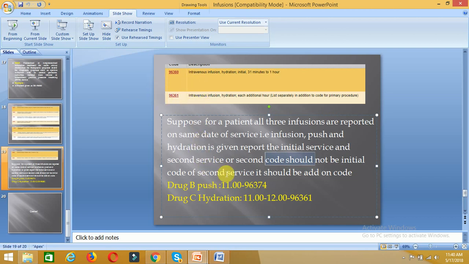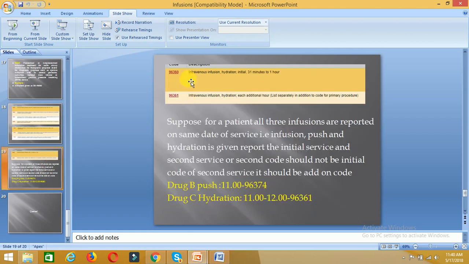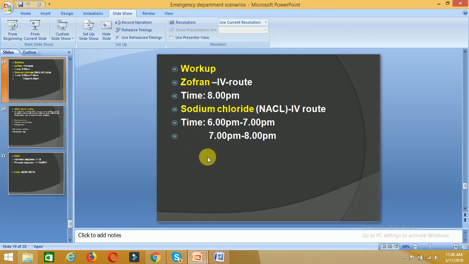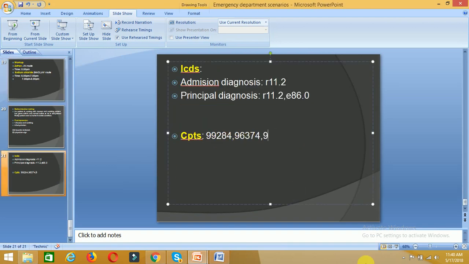See here, which I explained in the previous session. Now the physician has done IV push, and along with that hydration is also there. So we should not give the initial code, we need to give the add-on code. So that is 96361. So I am giving that code 96361.